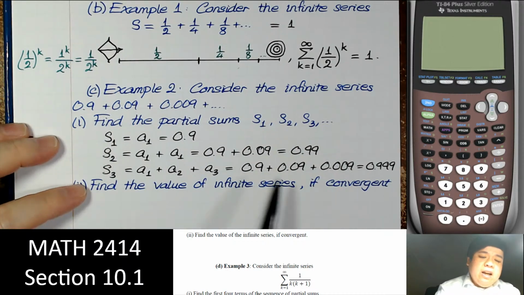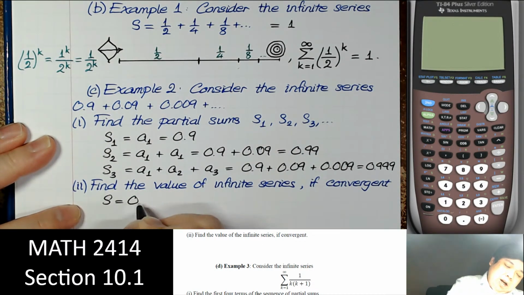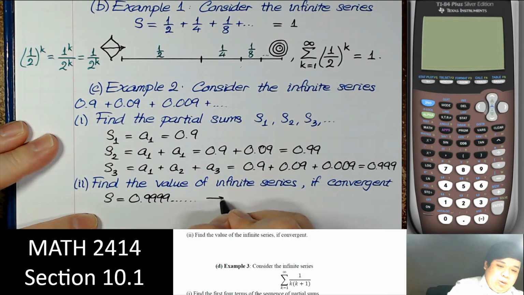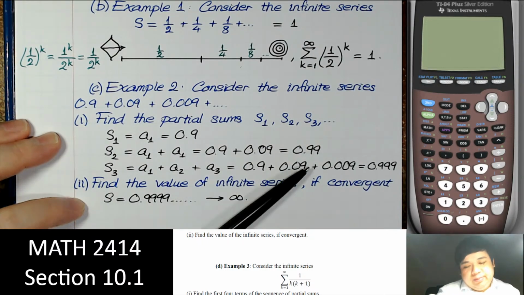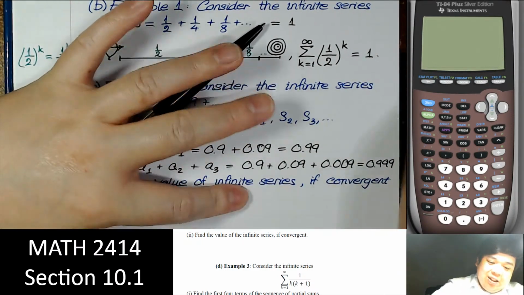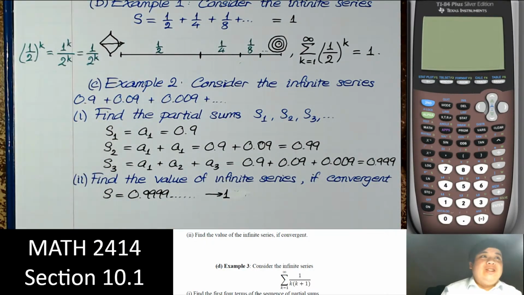If this continues, we have 0.9999, and of course that goes to infinity. I mean, if it goes on indefinitely, it goes to 1. Sorry, that's all obvious, right?